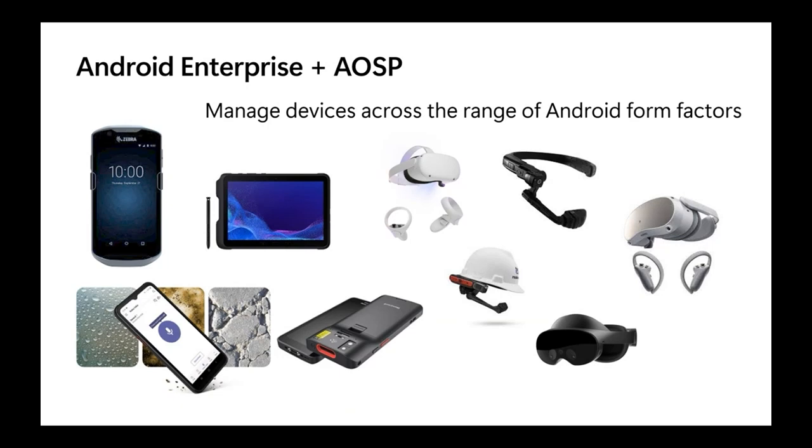So VR headsets that are integrated with hard hats, for example. And this list of supported devices is always growing based on customer requests. In both cases, you're going to get user-based and user-less management with support for configuration, compliance, certificates, Wi-Fi, all the standard stuff.